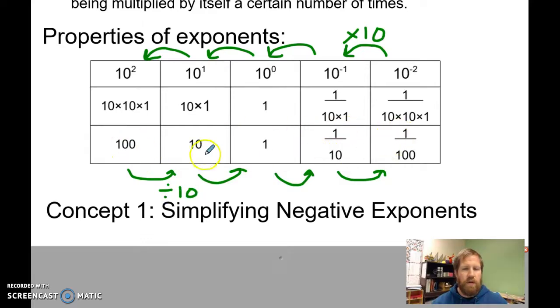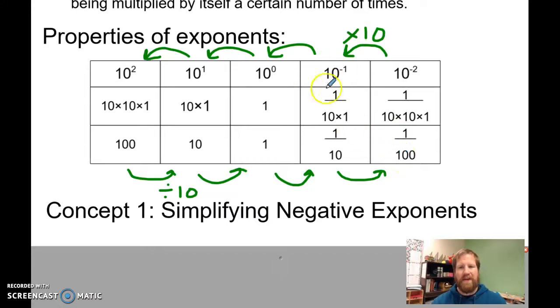You can see when we've simplified it, all the way over here, 10 to the second, we have 100, 10 times 10. If we go back 1, we reduce our exponent by 1, we divide by 10. 100 divided by 10 is 10. 10 divided by 10 is 1. 1 divided by 10 is 1/10. 1/10 divided by 10 is 1/100th.